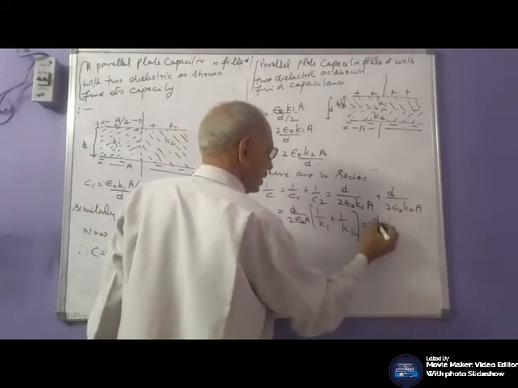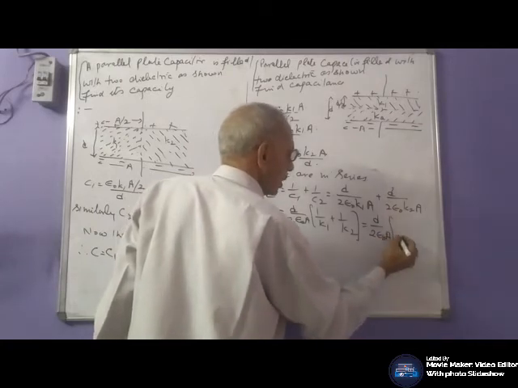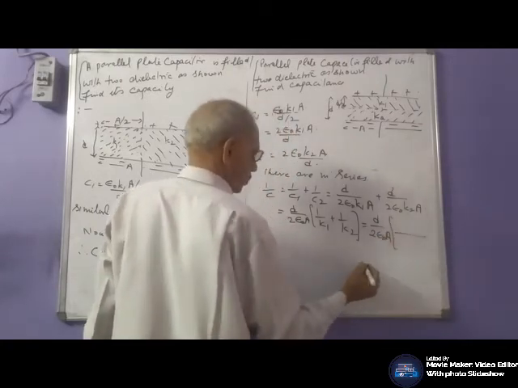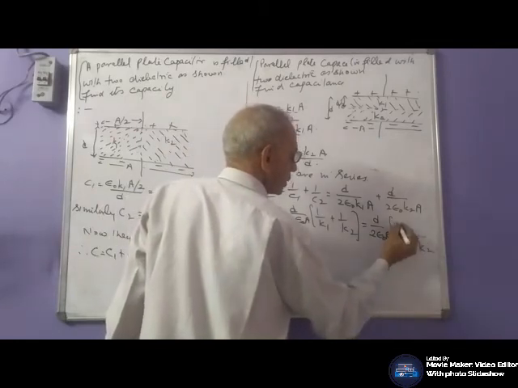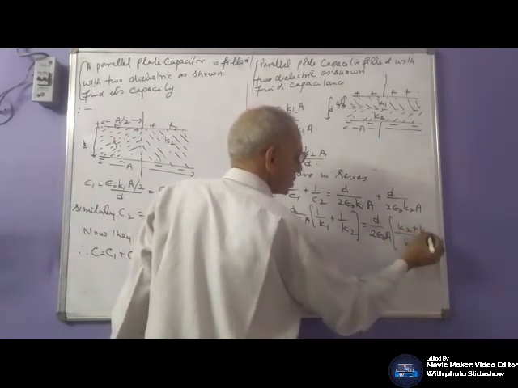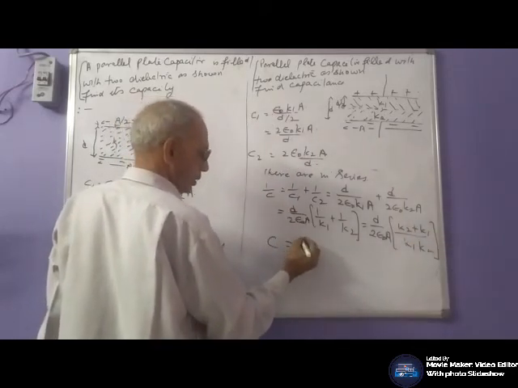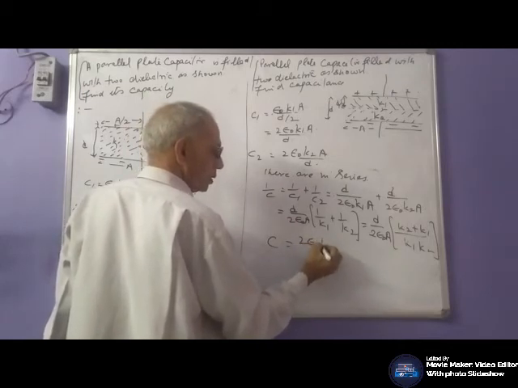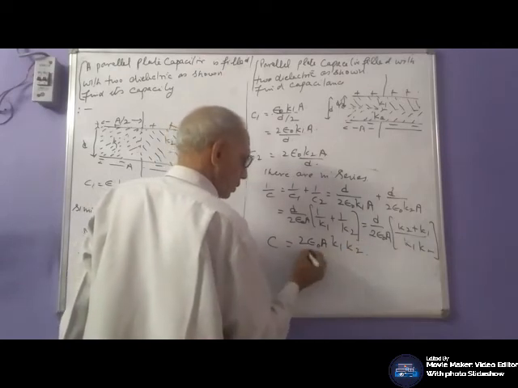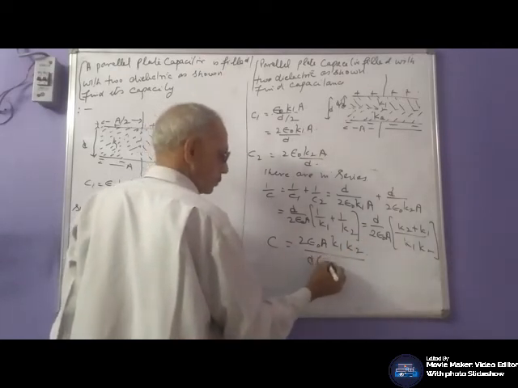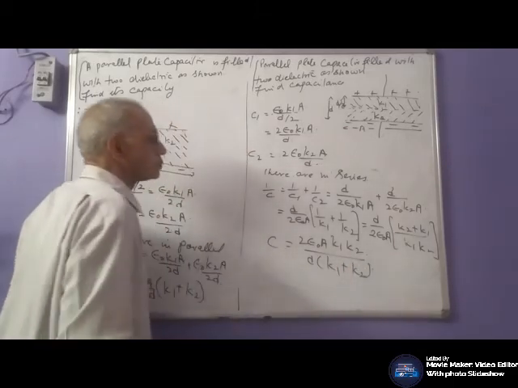Or it is D by 2 epsilon naught A, LCM, it is K1 K2, K2 plus K1. Solve it, then C comes out to be 2 epsilon naught A K1 K2 by D times K1 plus K2.